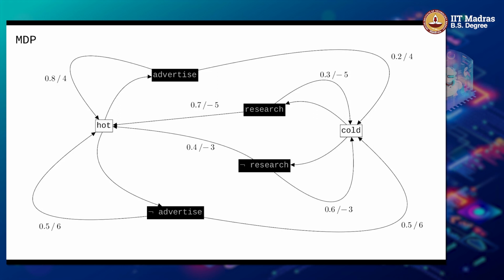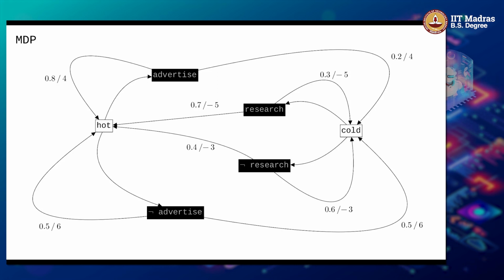In the state cold, you could either research or not research. The transition probabilities and the expected immediate rewards are given on the edges. This is a simple transition graph that you must all be familiar with by now.